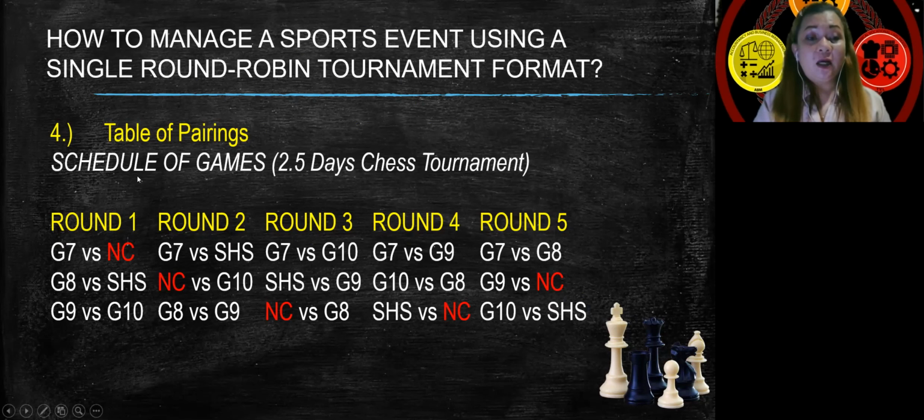Now, I would like you to focus your eyes on the night class, the NC. On round 1, the night class is positioned on the upper right. Now on round 2, the night class is positioned below the grade 7, on the left side, below left side.